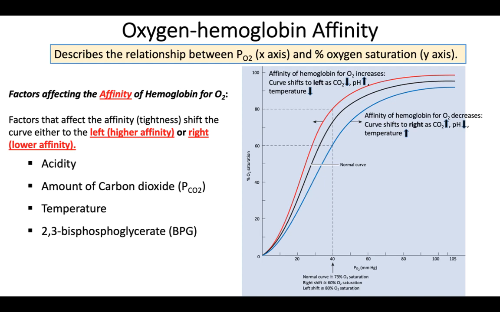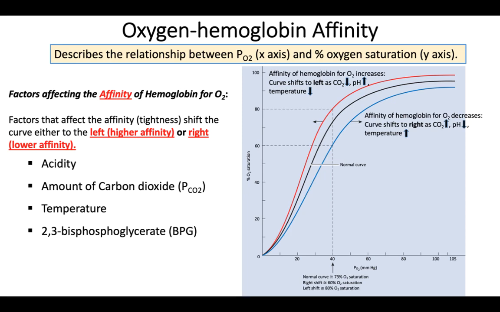You can't have hemoglobin grab oxygen so tightly that it can't let go of it, right? Because hemoglobin is a transporter, right? It's going to have to grab onto oxygen in the pulmonary capillaries, but then when it gets to the systemic capillaries, it needs to let go of it, right? So that oxygen can then diffuse into cells.